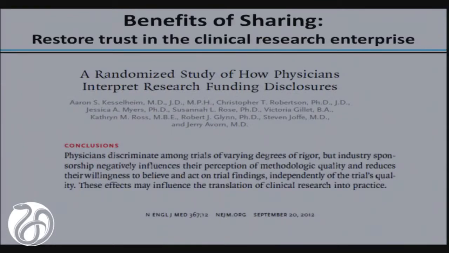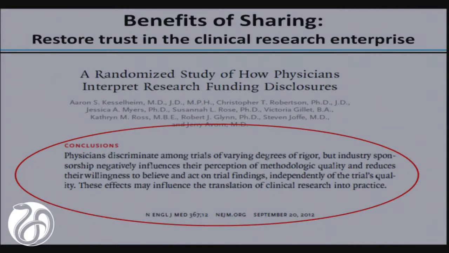And finally, it is essential to counter the cynicism that has arisen among doctors. And this study, which recently generated so much media attention, showed that studies of superior methodological rigor were discounted by physicians when they perceived that they had been funded by industry. Now, that earned a reproof from the editor of the journal, but many commentators have pointed out that doctors may have very good historical reasons to be skeptical.